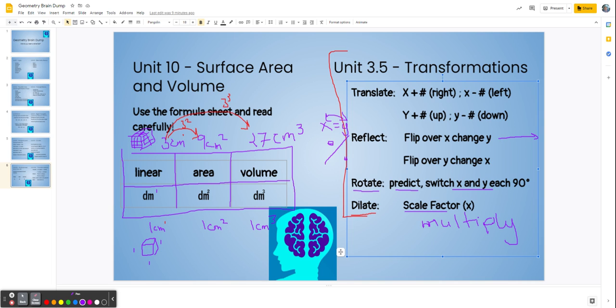So just to be clear, your 2 assignments between now and Tuesday are the circles test and that district test. The circles test is in today's folder and the district test is at the top. Both are graded.